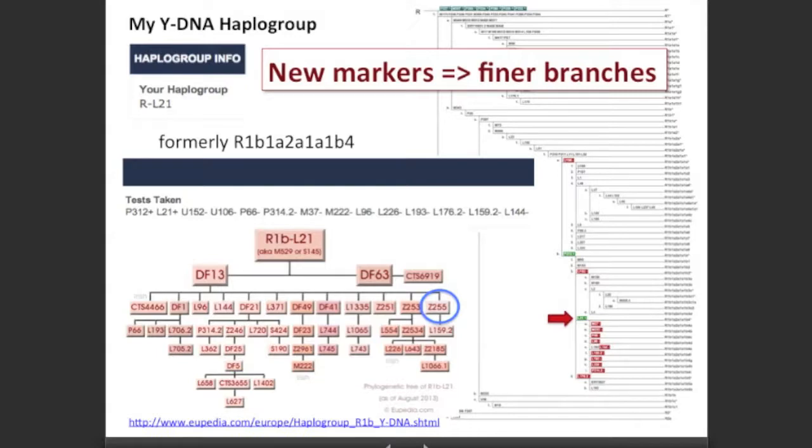So people will talk about the R-L21 group, and that will indicate all of these groups down here. My specific terminal SNP is R-Z255. So I would identify myself as R-Z255, rather than R1b1a2a1a1b4, which is more of a mouthful.